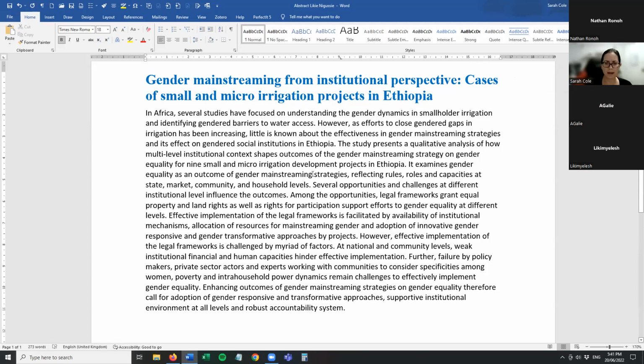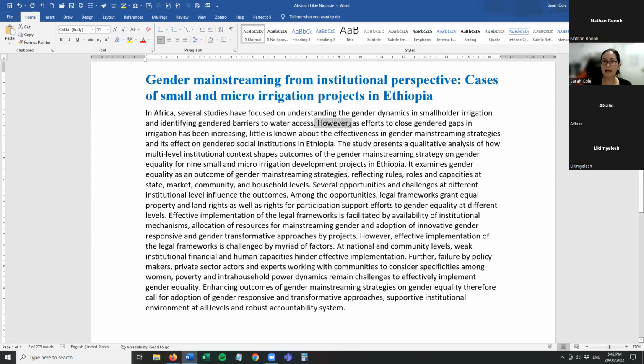But I have to suggest that this is not an abstract per se, it's a summary. So there might be results that are too general or too much to fit in this title. So this is great. You're setting the scene, looking at Africa, this is what the studies have done so far, understanding gender dynamics.